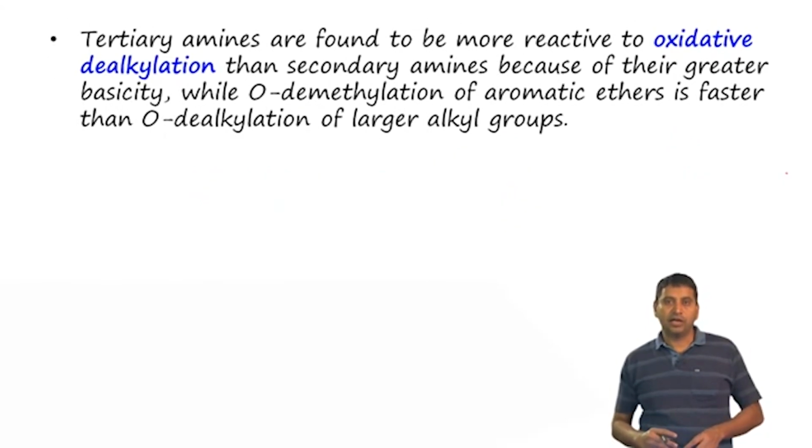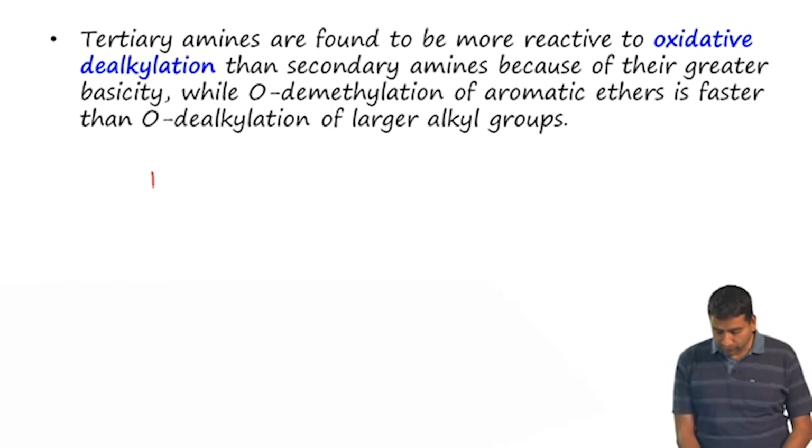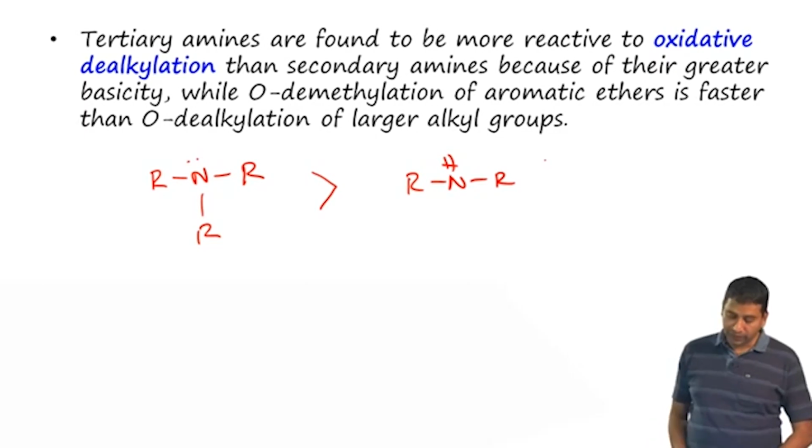Tertiary amines are found to be more reactive to oxidative dealkylation than secondary amines. Okay. So, I am not going to spend a lot of time on this, but we already know that basicity plays an important role. So, tertiary amines are definitely more reactive than the corresponding secondary amine and so on, right.